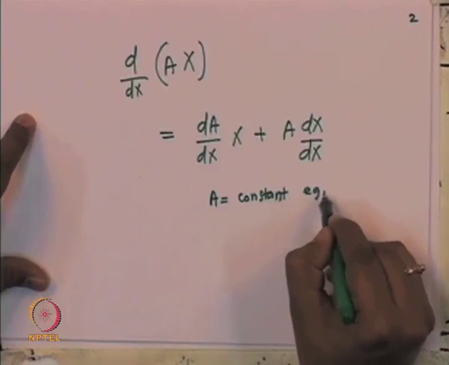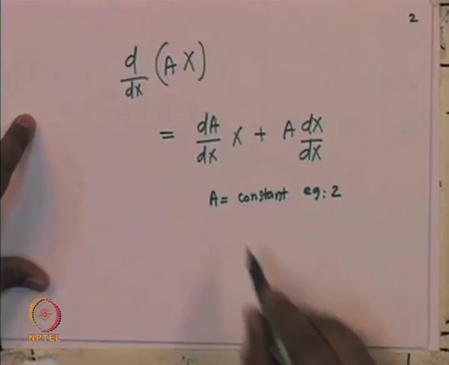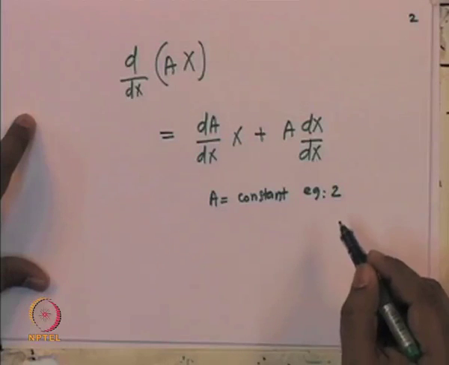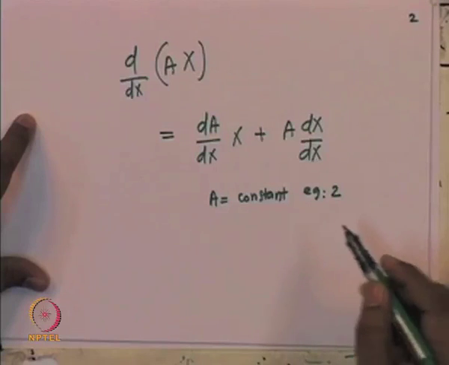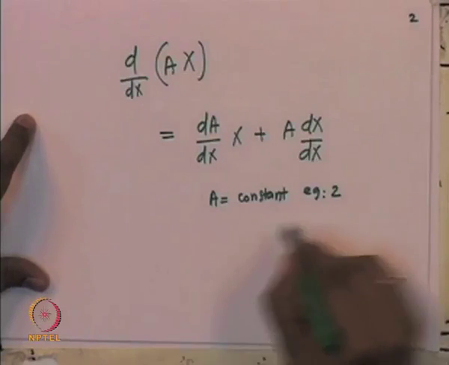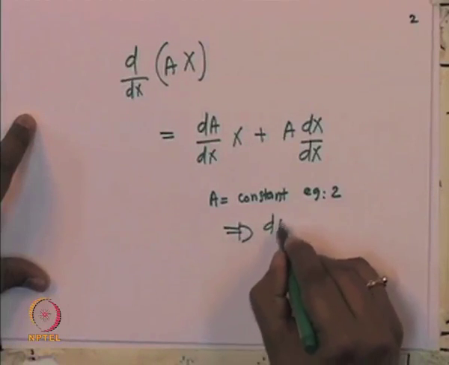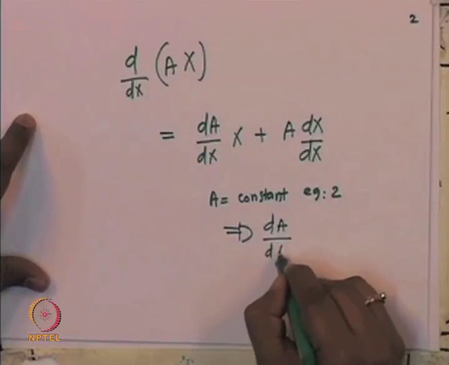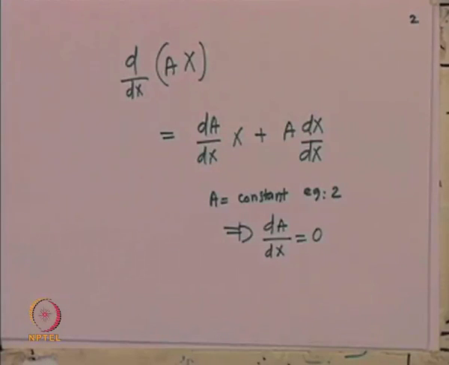Let us say a is just 2. Then 2 does not change with x, 2 is just a constant. So, if a is a constant, the change in a is basically 0, a cannot change because it is just a constant.